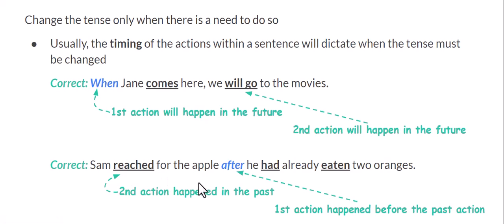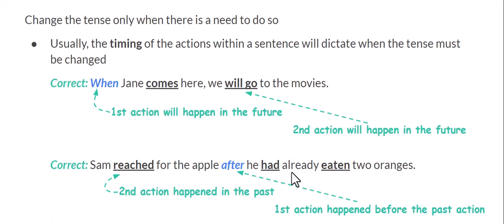Let's move on to the next example we have here. Sam reached for the apple after he had already eaten two oranges. In this sentence, you need to be aware of the connector between each clause, which is after. Okay, so after is a time word. You need to know the action happened after. This is the first action, and the action that happened before after is the second action.